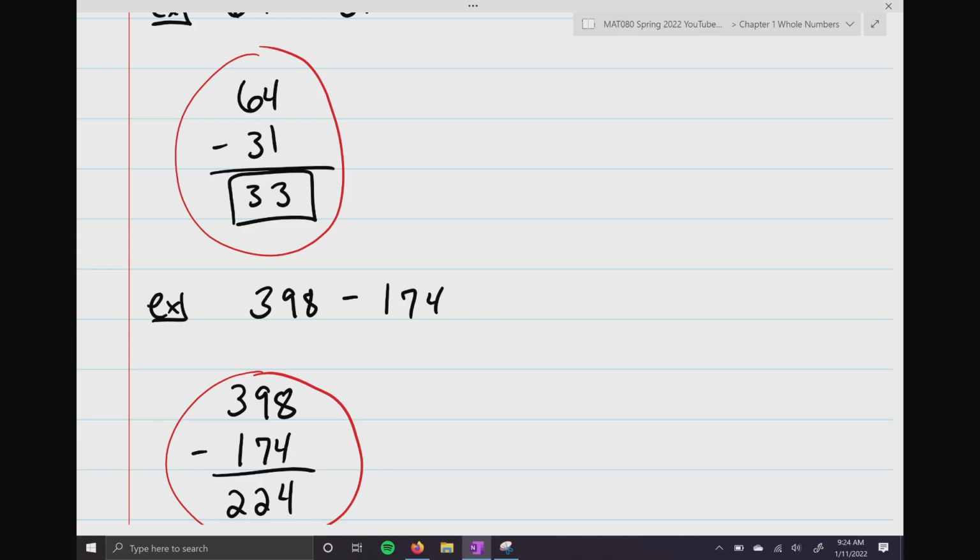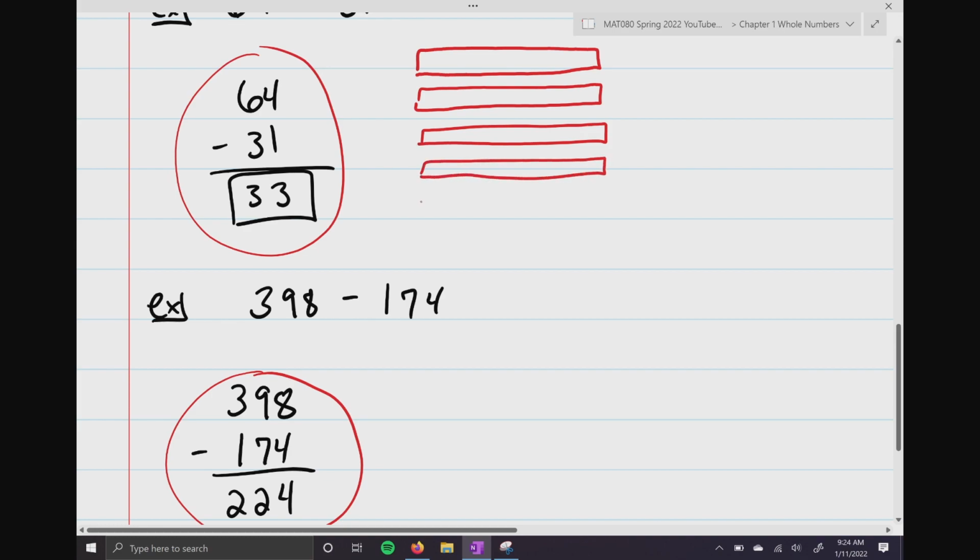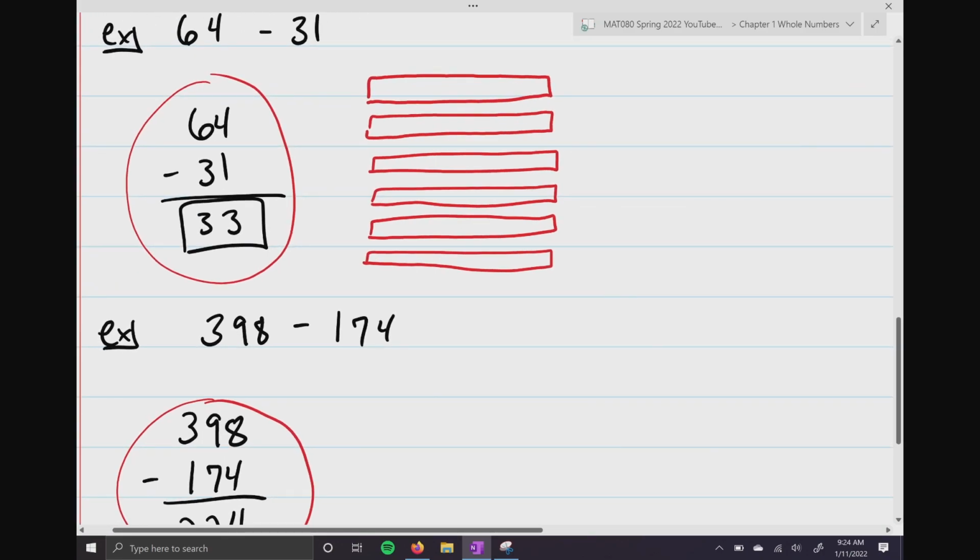We know 64 would be 6 rods, 1, 2, 3, 4, 5, 6, okay? And we have 4 blocks, 1, 2, 3, 4, okay?